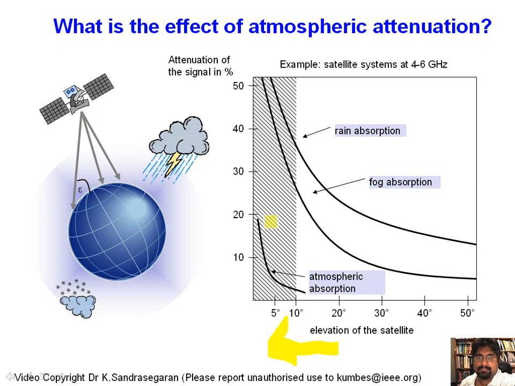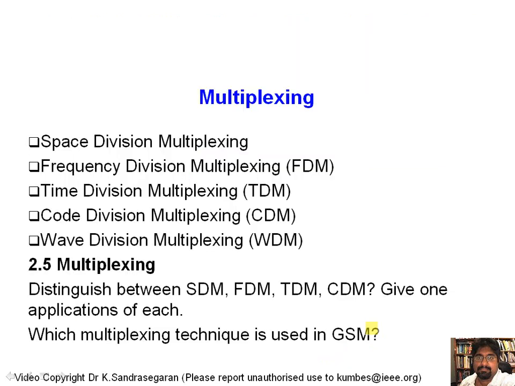So in planning satellite systems, they have to take into account the effects of rain and atmospheric absorption, and it's also dependent on the elevation of the satellite. Okay, so those are the main phenomena that affect wireless transmission.